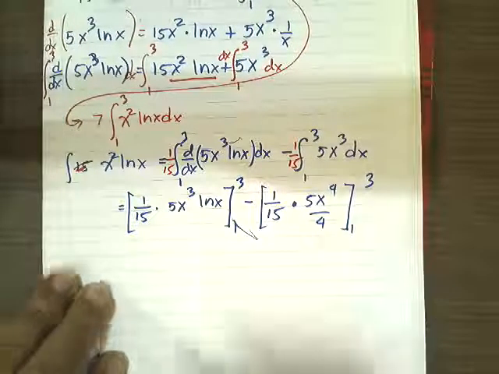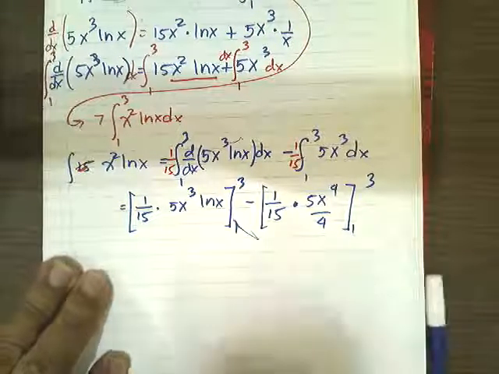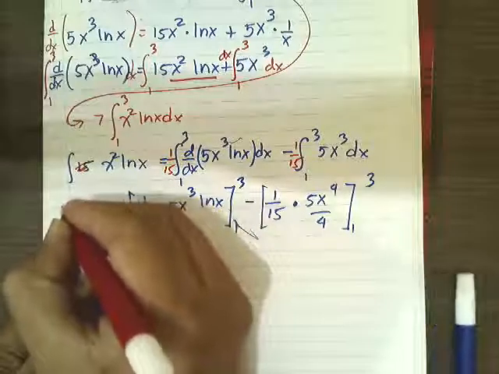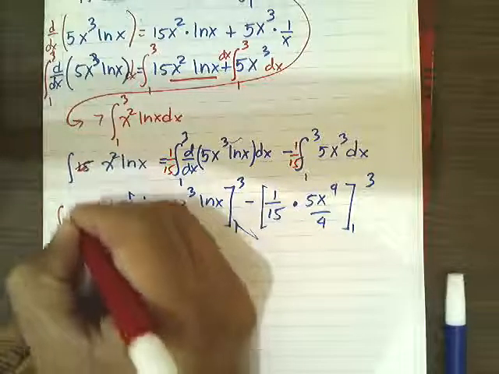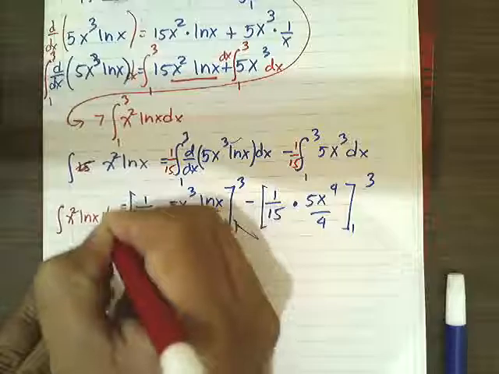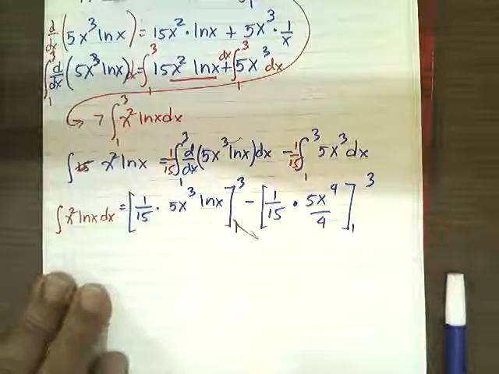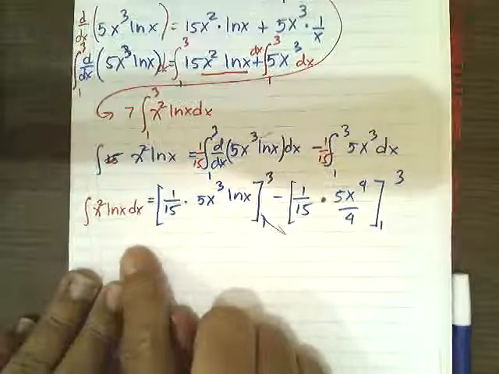Again, this is only the integral of x squared ln x dx. The 7 is not yet there.